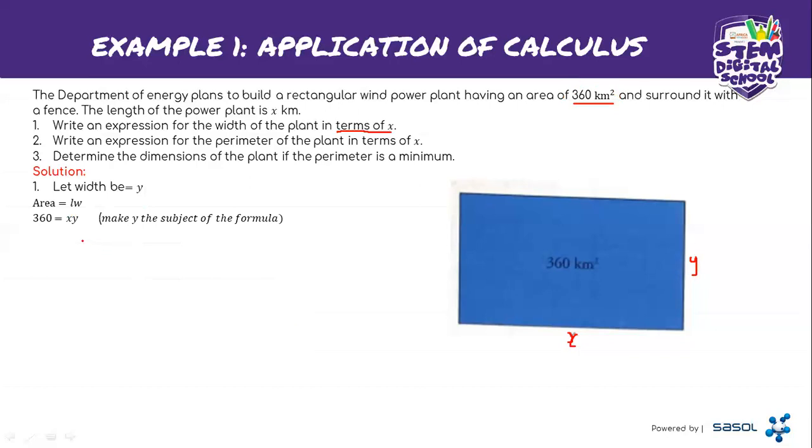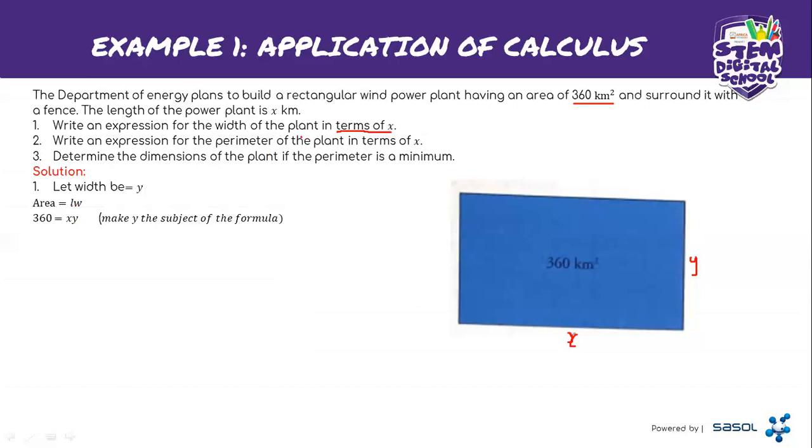You can see for area, we have 360. And then length, we all know that the length is X, and width is Y, right?